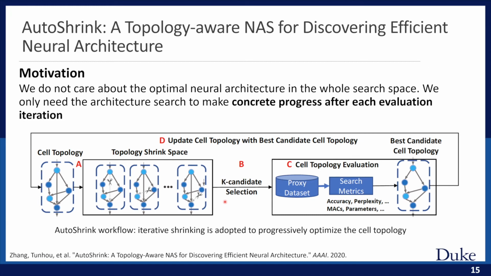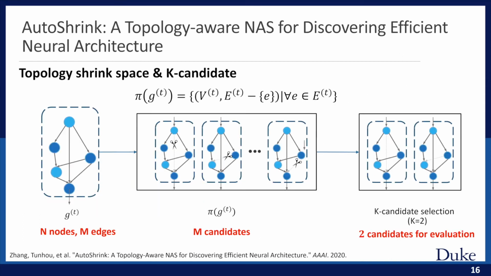It selects only K cell topologies from the topology shrink space. And finally, we evaluate these K cells on the process data set and use the best one to update the cell topology. We will stop when the search metric stops improving. In this way, a much simpler but quite good performing cell topology can be derived through the process.